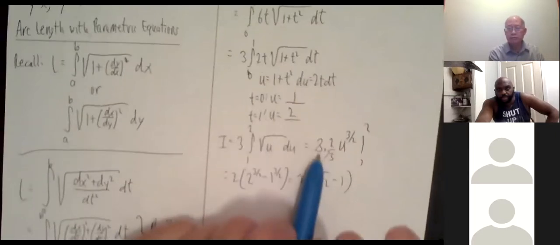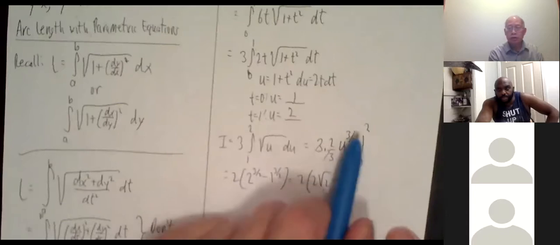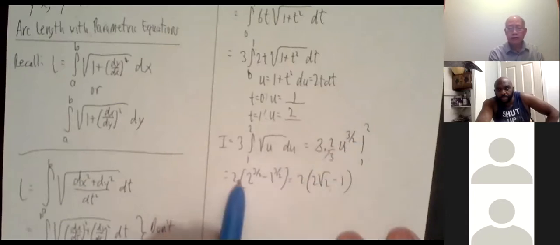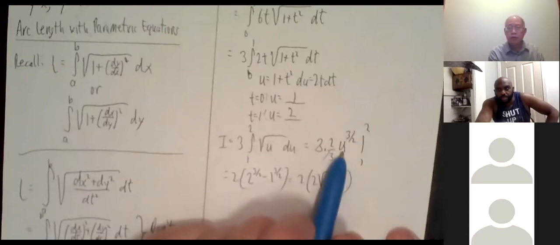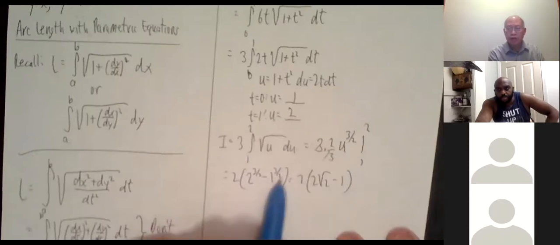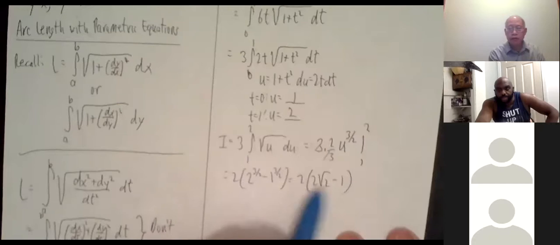These cancel out. So I have 2, plug in 2, 2 to the 3/2. Plug in 1, 1 to the 3/2. Well, 1 raised to anything is 1. And you know how this works, right? 2 to the 3/2 is 2 radical 2, minus 1. So the answer is 2 times 2 radical 2 minus 1. And there we go. Okay.